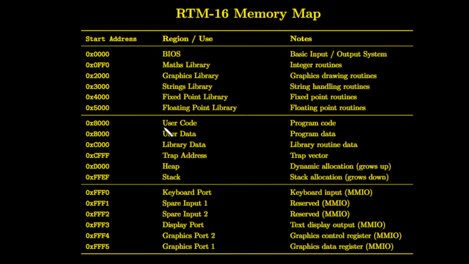So we load our program in and it starts running at this location. Now we're also going to have the potential of having user data. So when we write a program, we're going to have some data available to us that we use within that program. So we're storing the data starting at 0xB000.